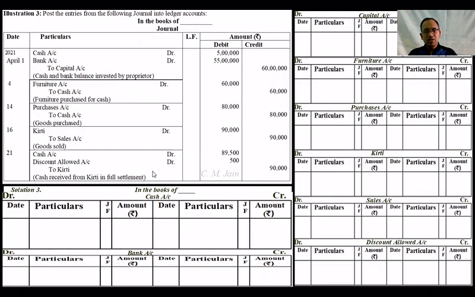So in cash account, debit side, we will write to capital account. 2021 April 1 to capital account, but amount we will write which is against cash account only, 5 lakh. So to capital account 5 lakh on debit side in cash account.